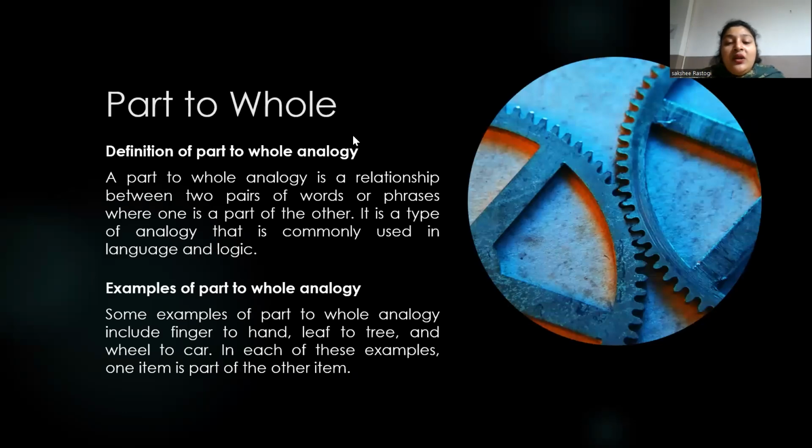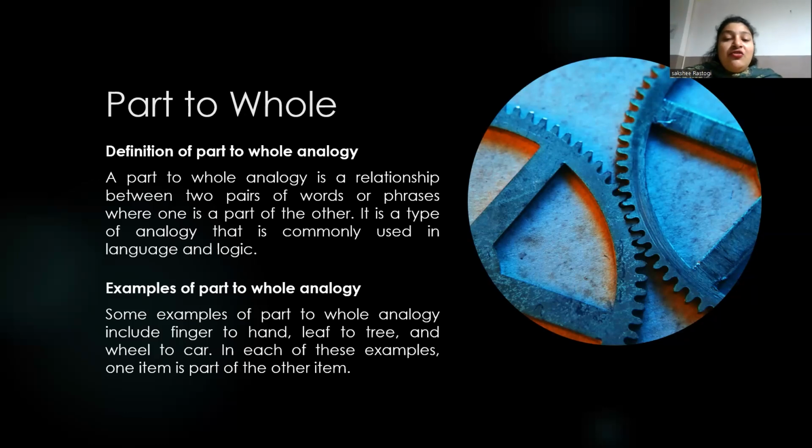See, part to whole is a relationship between a component and the larger entity it belongs to. It is a fundamental concept in analogies where a part is connected to its whole, like finger and hand, leaf and tree, brick and building, note and song. So in each example, the first word, finger, leaf, brick, note, is a part, and the second word, hand, tree, building, song, is a whole.